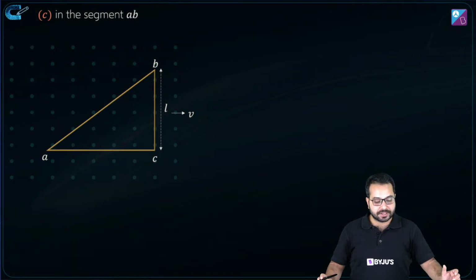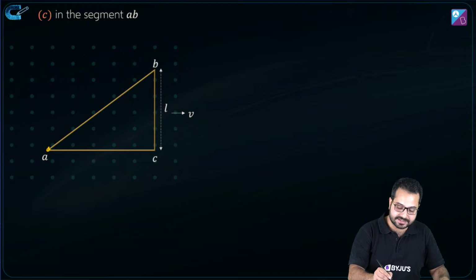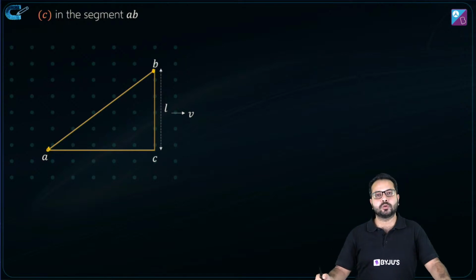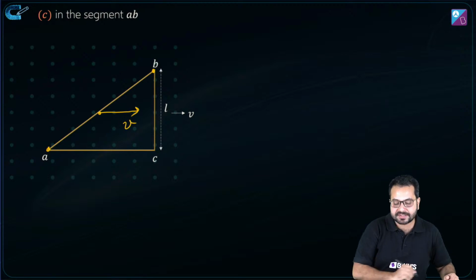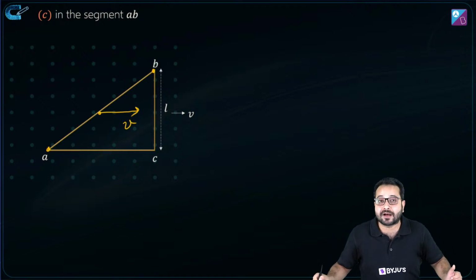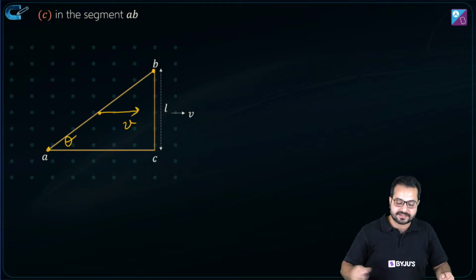Now we want to calculate the EMF induced in segment AB. What is the velocity like? The velocity is like this. So obviously we'll have to take the components of velocity. Let's say this angle is theta, so this angle is also theta.